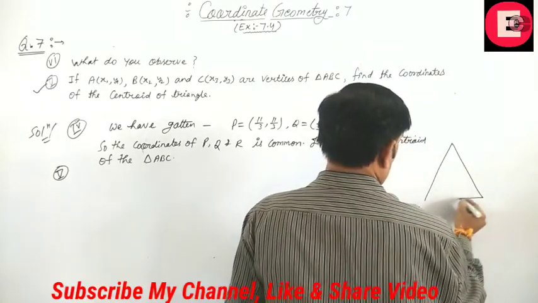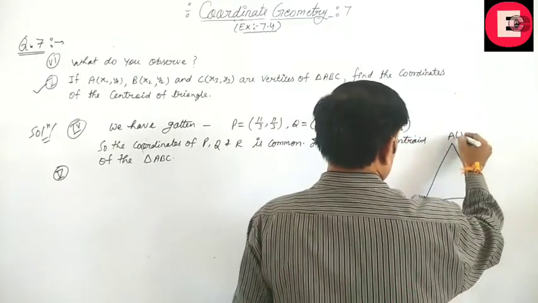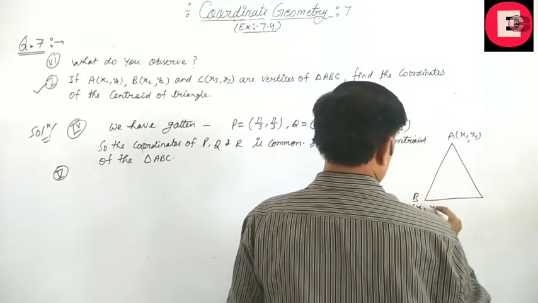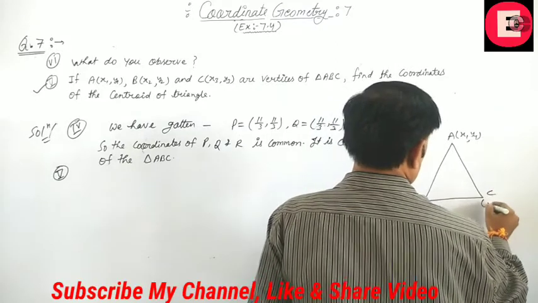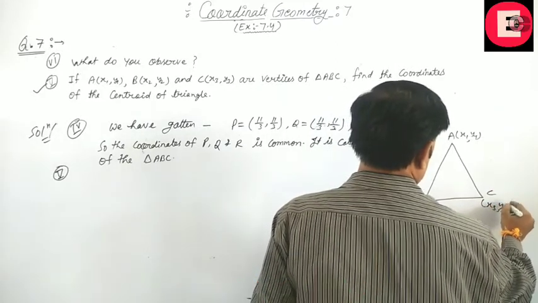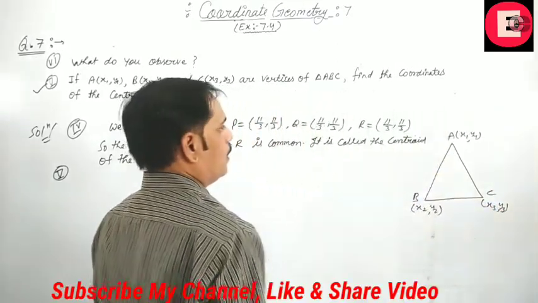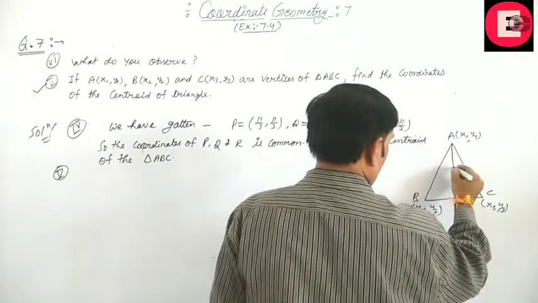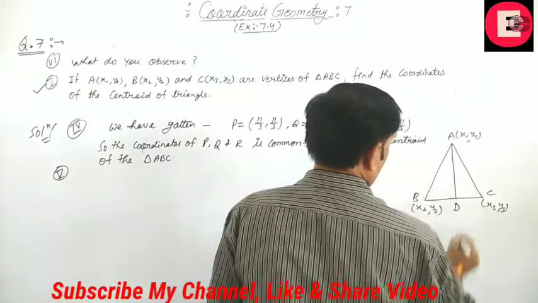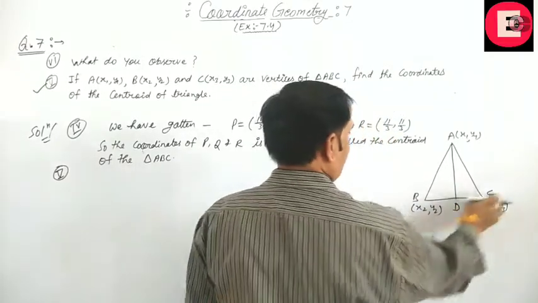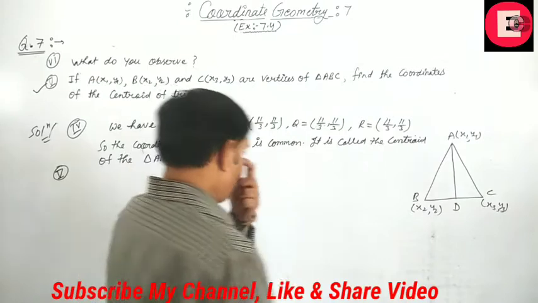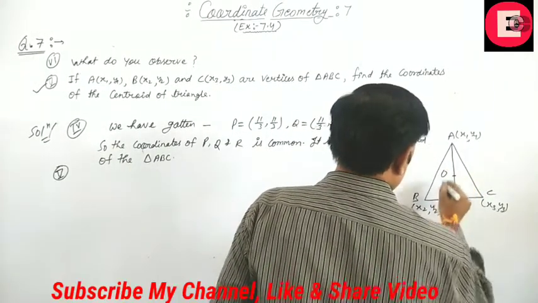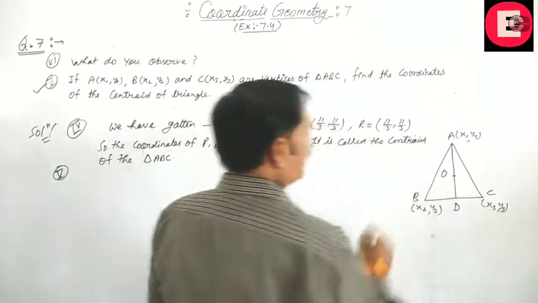Here, A is x1, y1, B is x2, y2, and C is x3, y3. Okay. For the centroid, we will draw a median AD on the line BC, and O is the centroid of the triangle.